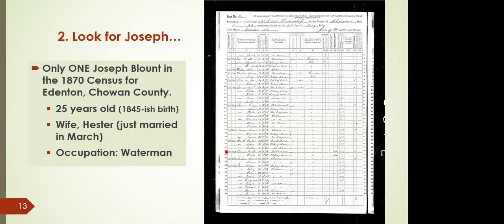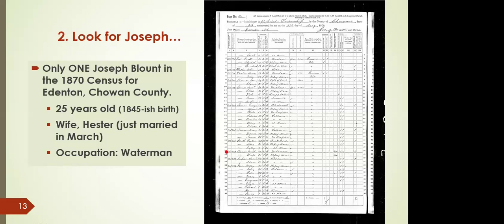I also see that he is with a wife, and he's right here where this dot is, but I didn't really expect you to be able to see it that well. He's enumerated with a wife named Esther, and over here it tells you that they were just married in March of 1870. And also significant is the fact that his occupation at the time was waterman.